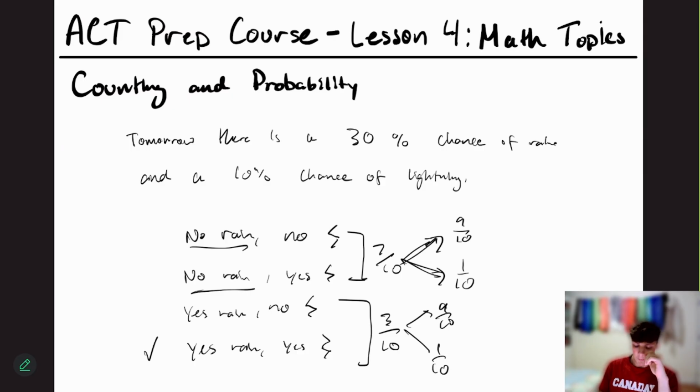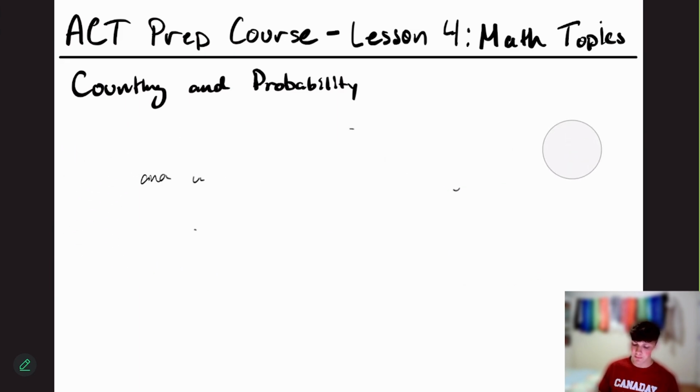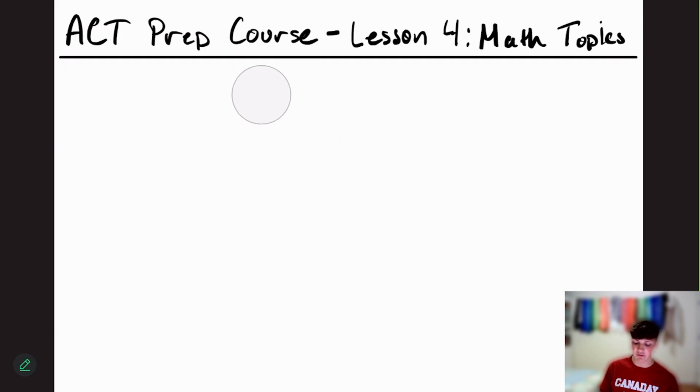Okay, hopefully that made it a little bit more clear. It might not have. It's very difficult to get the intuition for probabilities the first time. But as long as you understand that we should multiply two probabilities when they're not related in any way. For example, I flip a coin and draw a card.